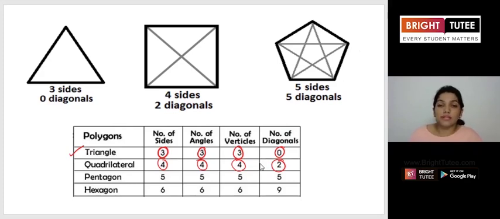Now coming to the next shape, that is a pentagon. What is a pentagon? The pentagon is the shape which is made up of 5 sides. Okay, so 5 sides. Then how many angles? It will have 5 angles. How many vertices? It will have 5 vertices. And how many diagonals? Let us count this.